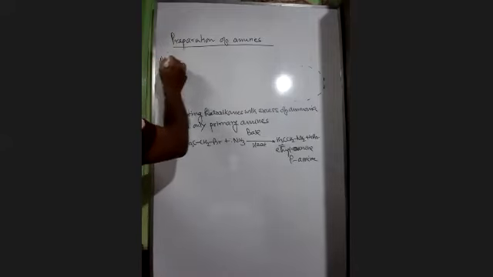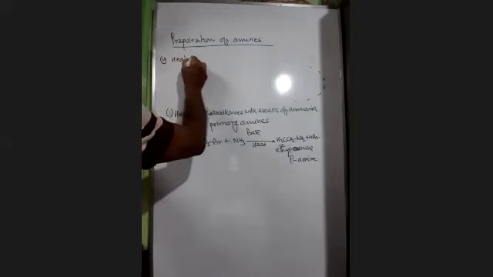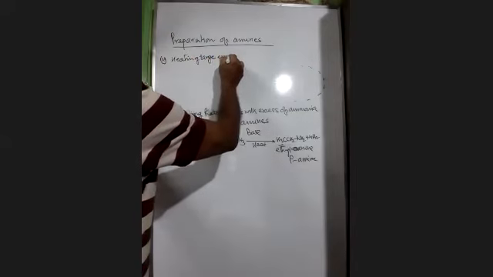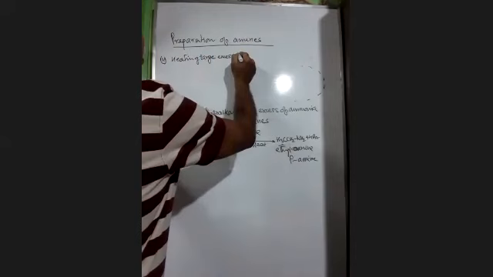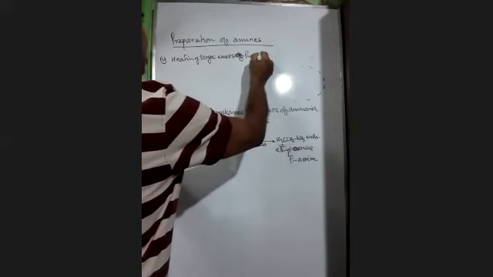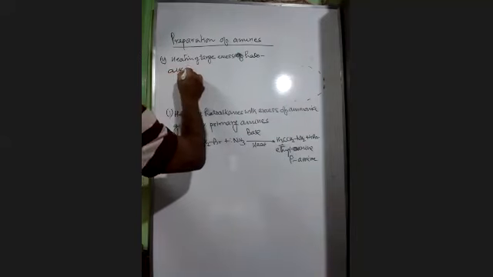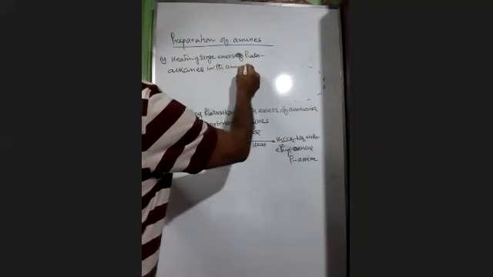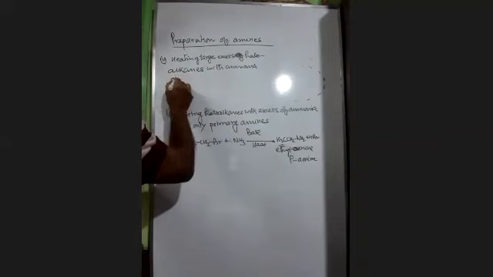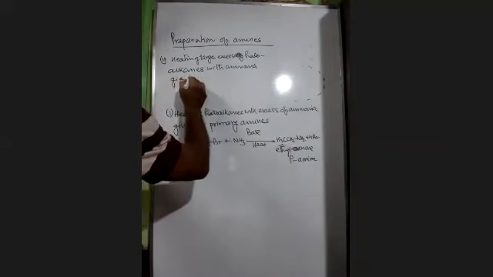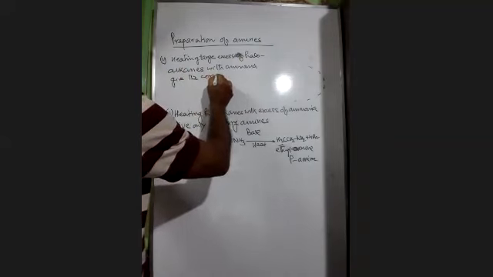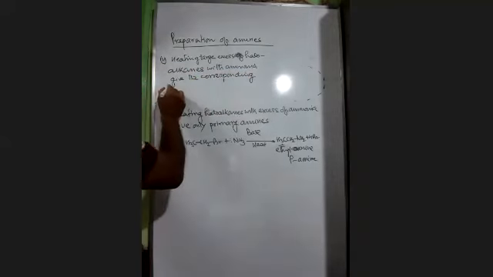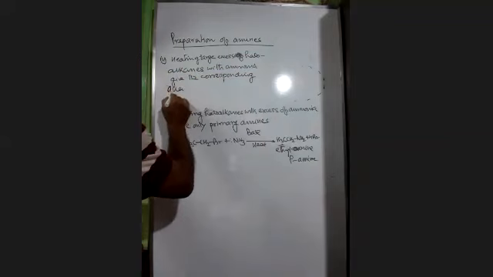Second, heating large excess of haloalkane with ammonia gives the corresponding quaternary ammonium salts.